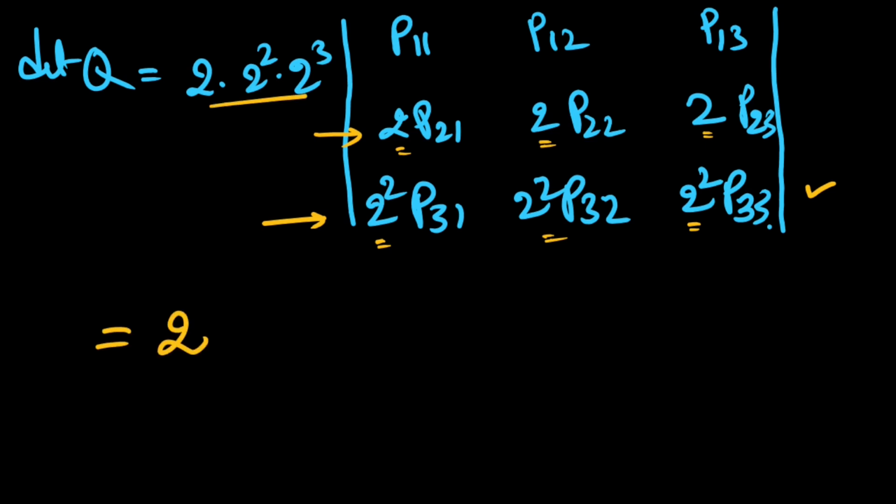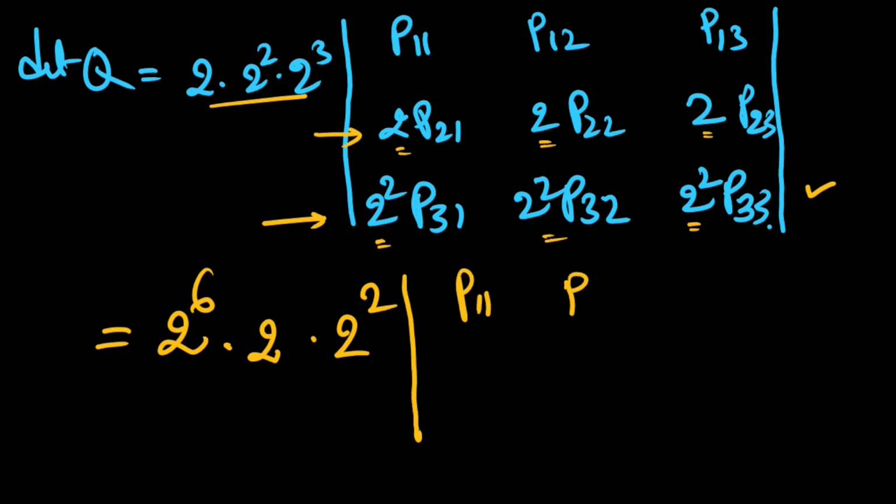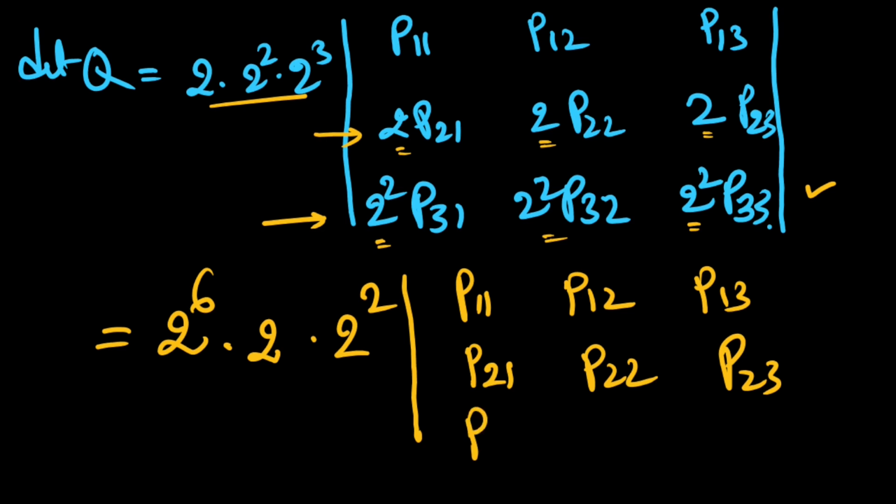The remaining determinant has rows P11 P12 P13, then P21 P22 P23, and the third row P31 P32 P33. Therefore we get the determinant of Q is equal to 2 power 9.